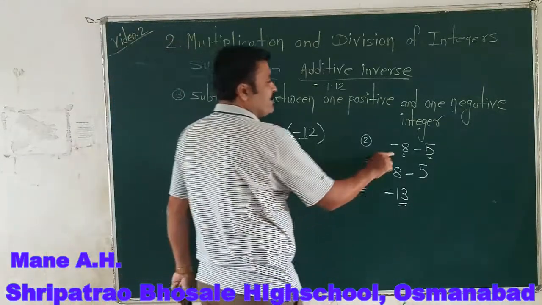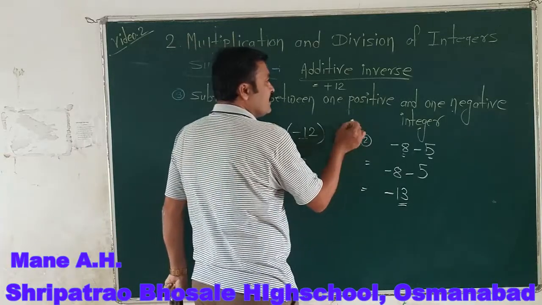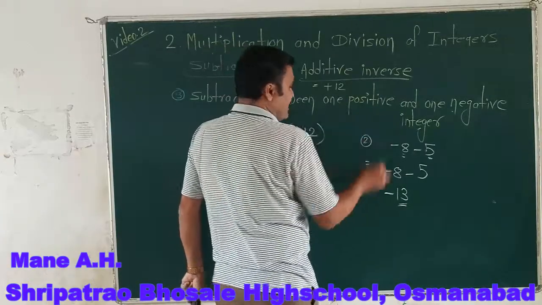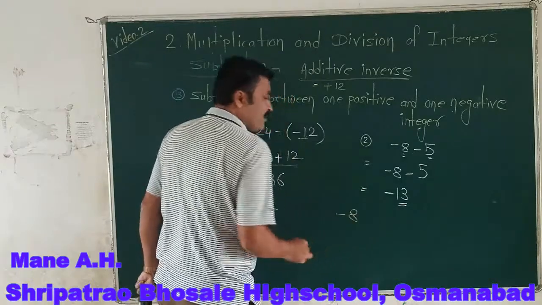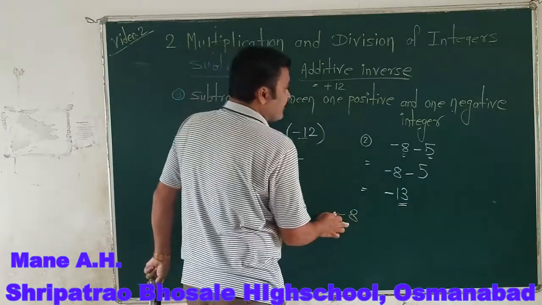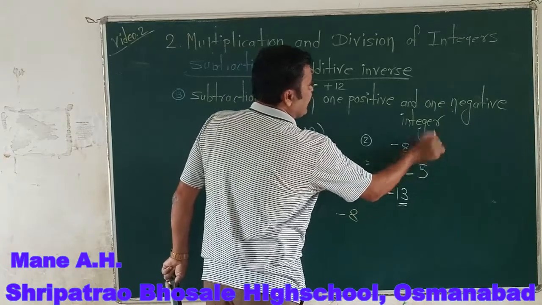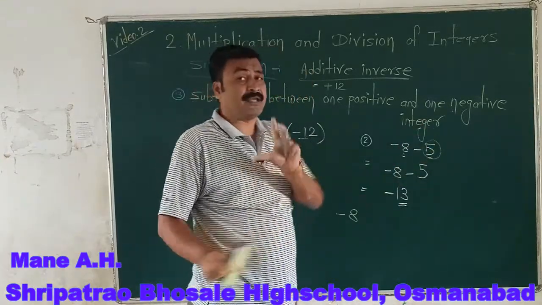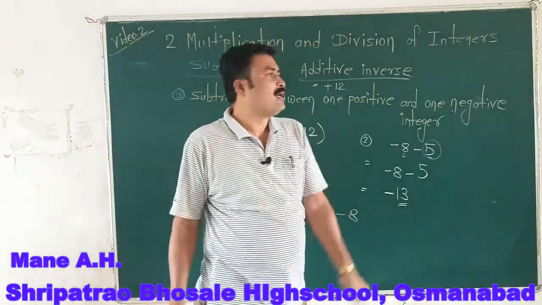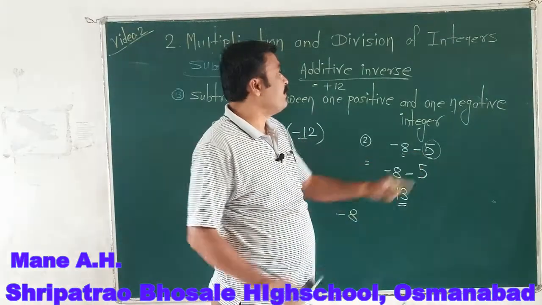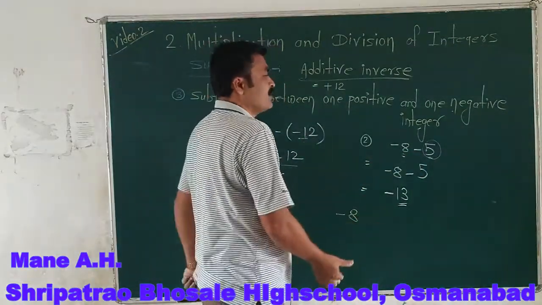आता सेकंड एक्झाम्पलचं आपण ऑब्झर्वेशन केलं तर या नियमानुसार -8 first number as it is. तर यामध्ये आपल्याला काय करायचं आहे, ही जी दुसरी संख्या आहे फक्त 5 म्हणतो मी +5, या दुसऱ्या संख्येचा बेरीज व्यस्त ॲडिटिव्ह इन्व्हर्स मिसळायचं आहे.